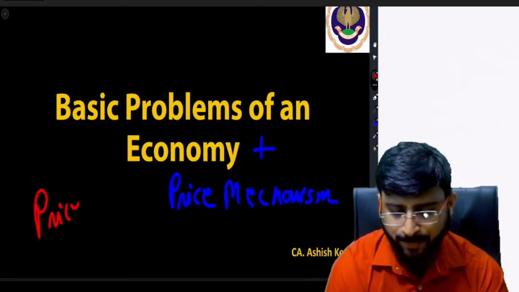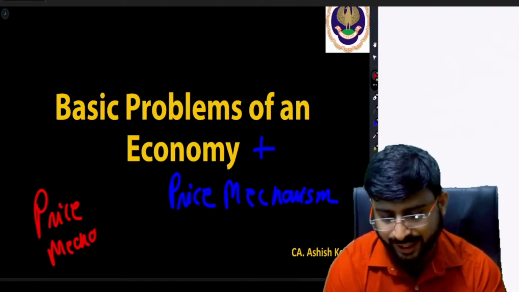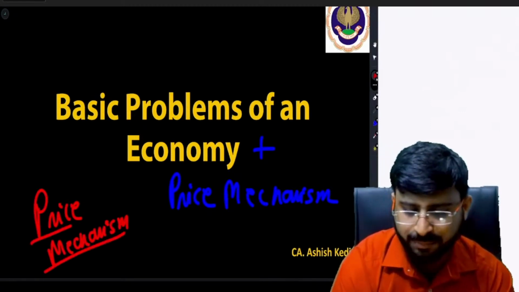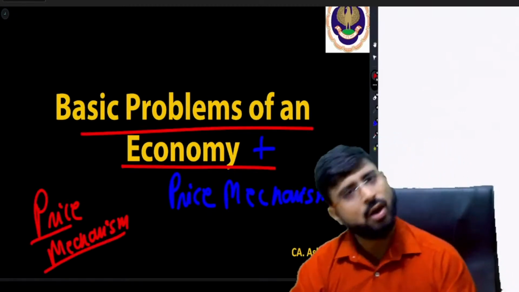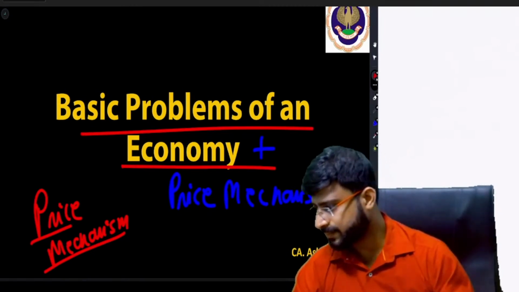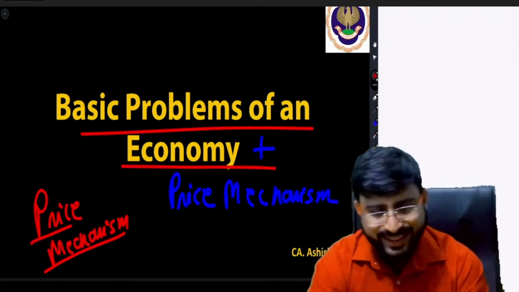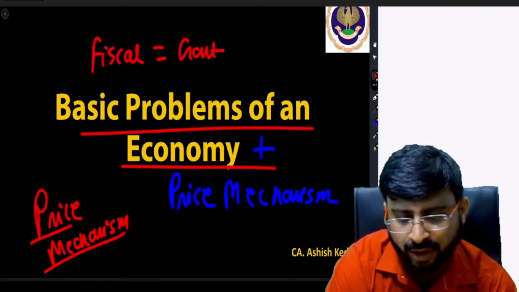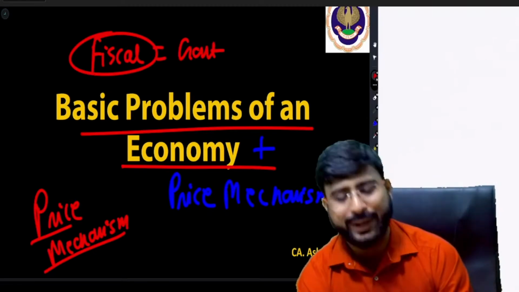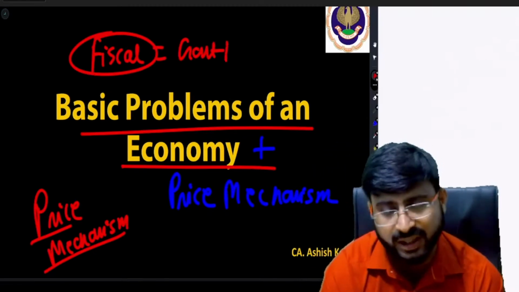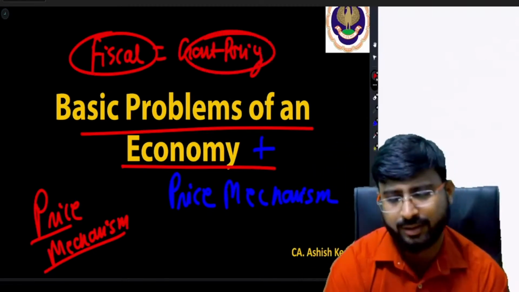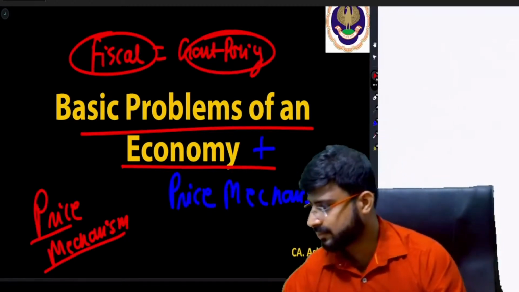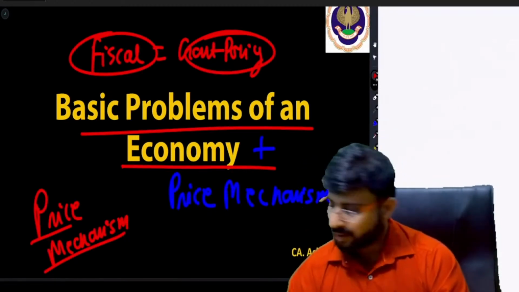Now we discuss price mechanism and basic problems of economy. And yes, fiscal policy is nothing but government policy only. Fiscal policy is a policy of government expenditure and revenue. One of our friends asked, so I have cleared that doubt as well.